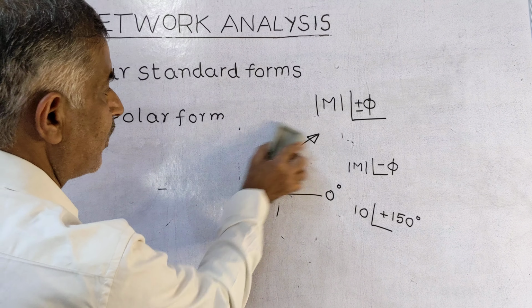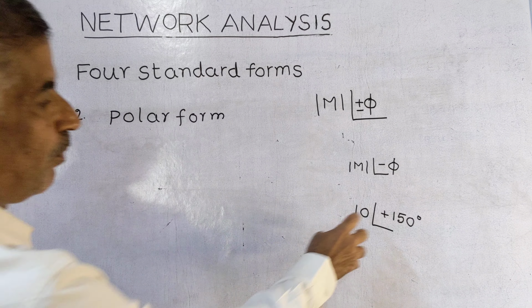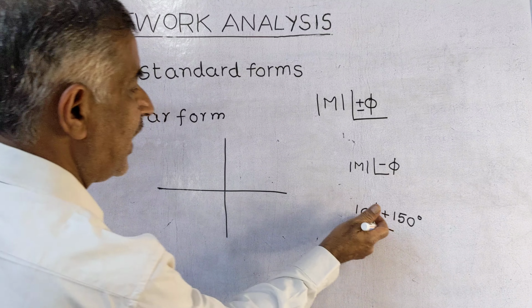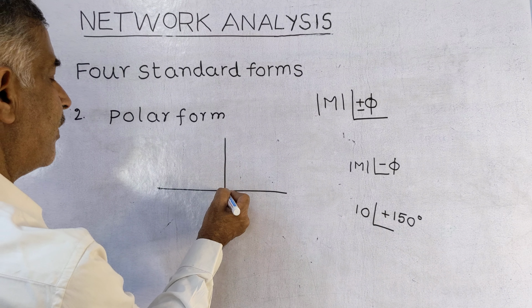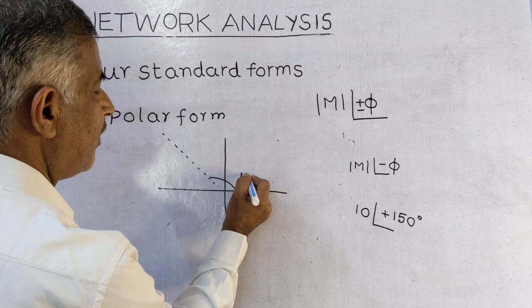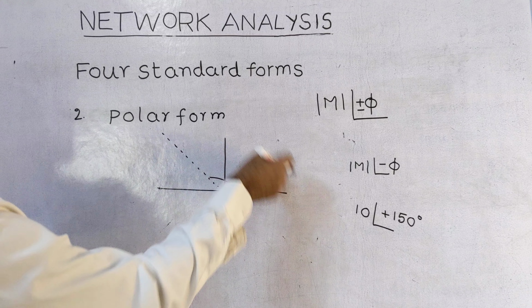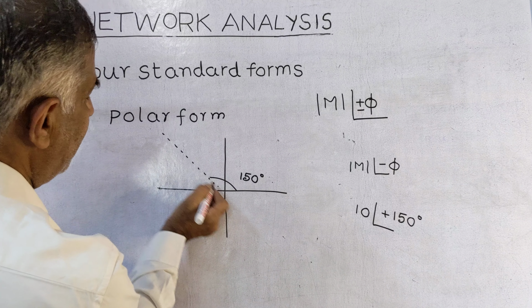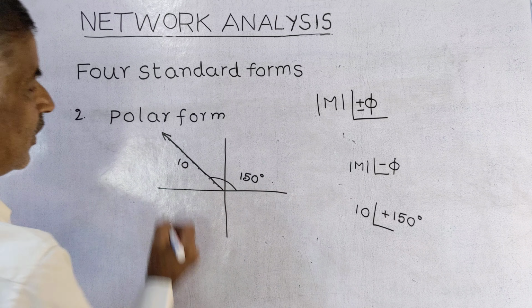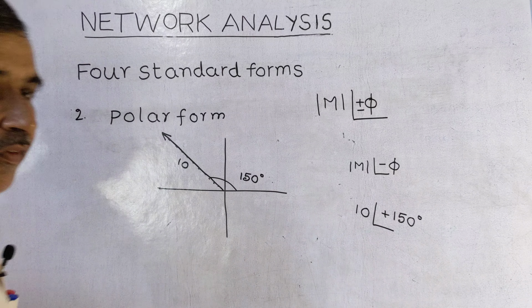For example, a phasor 10 angle plus 150 degrees can be represented using polar form. At an angle of 150 degrees, because it is plus 150, in this direction, take a length of 10 units. Then this phasor is 10 angle 150 degrees.